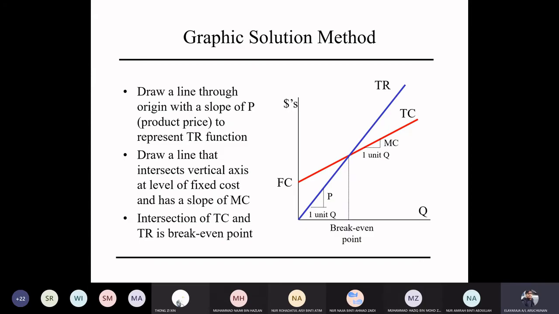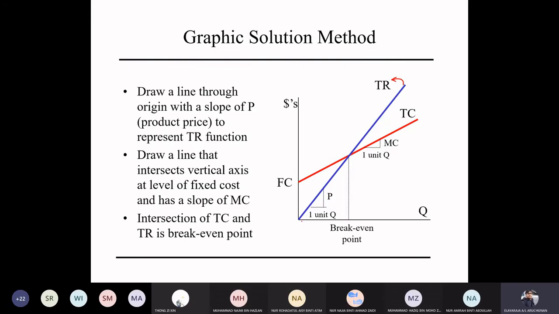Usually this is how we represent the break-even analysis. Draw a line through the origin with the slope of product price. This is the product price, the blue line. This line represents the total revenue.